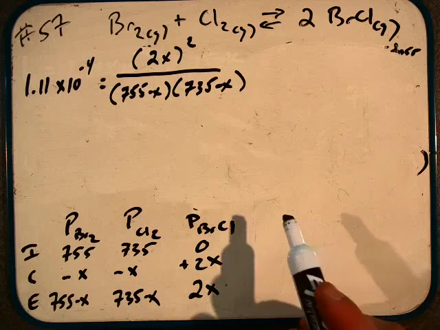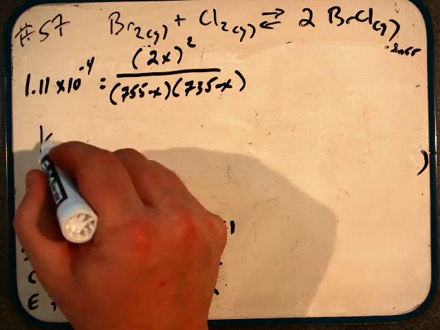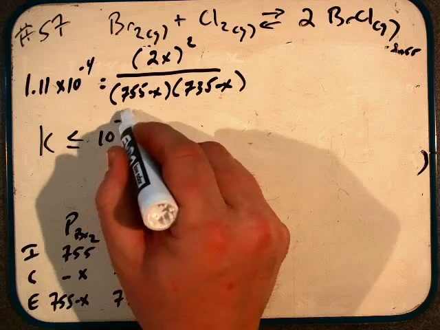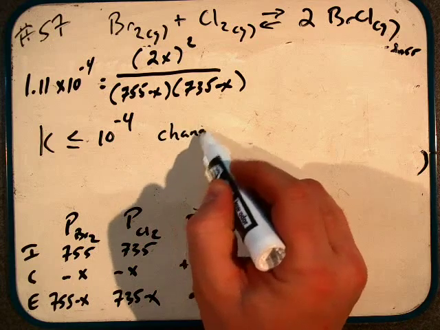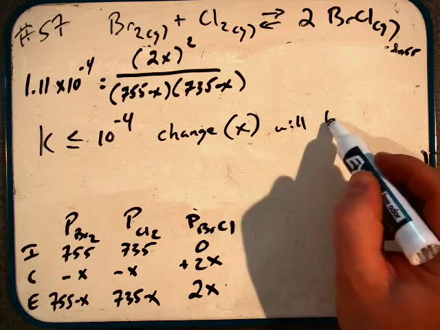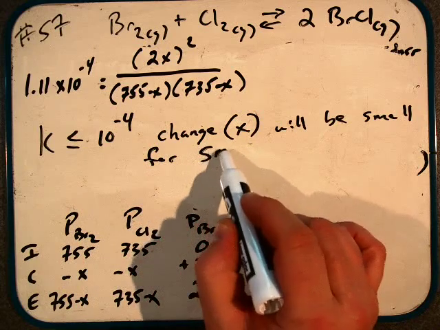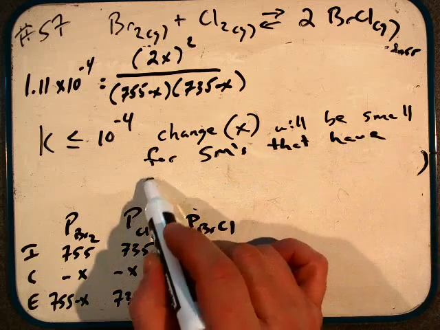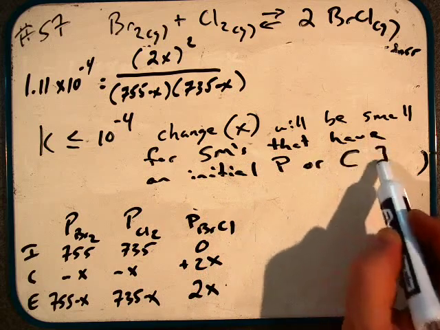What we want to do here is make an assumption, and the assumption is as follows. Since our K is less than or equal to 10 to the negative fourth, that means that the change, or x, will be small for starting materials that have an initial pressure or concentration.